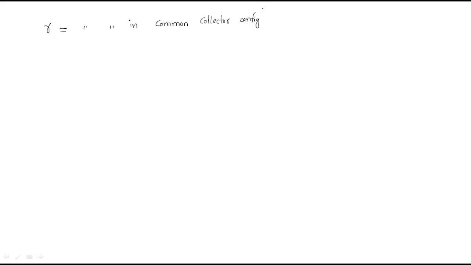So here simply, output current by input current. If we are applying the DC signal, directly it is emitter current by base current, and if we are applying the AC, then change in emitter current by change in base current.